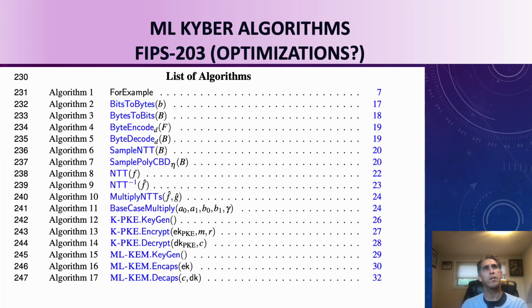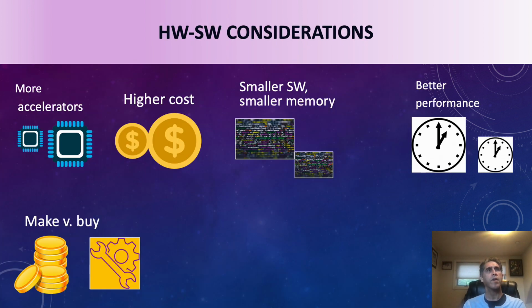And this is just the algorithm list from FIPS 203. As you can see, there are just so many algorithms here, and you can kind of take your pick and see which algorithm is worth focusing on to improve your performance. So what are the hardware-software considerations here? Basically, I talked a lot about hardware accelerations.